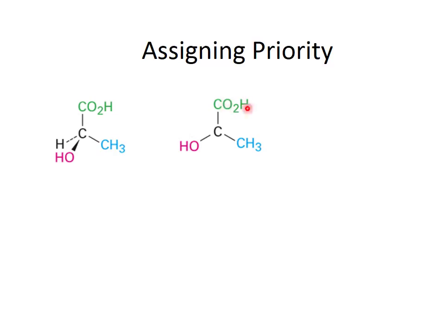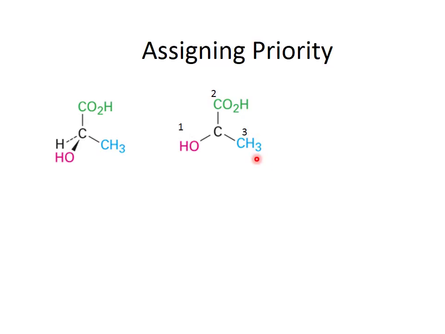Oxygen and oxygen and oxygen, they're actually a priority of 3 oxygens bound to this carbon because one of these is double bonded. And then on this carbon, you have 3 hydrogens. Oxygen outweighs hydrogen, so this is the next priority group. Number 1, number 2, number 3.